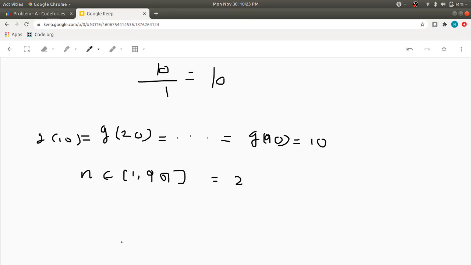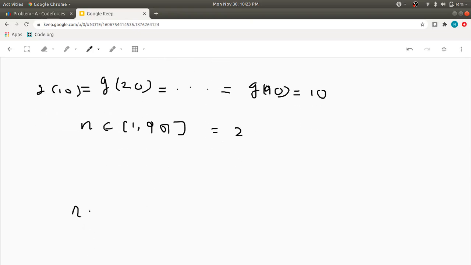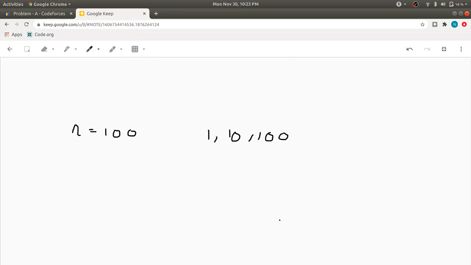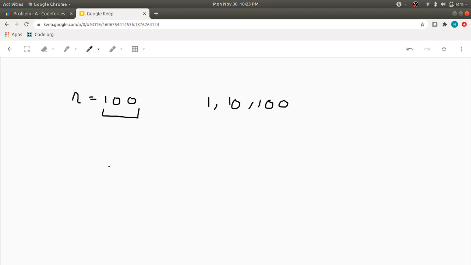Why? Because we are going to get 1, 10, and 100. These are the 3 different outputs. So for a 3-digit input we get answer 3. So definitely, if our input has x digits, then we get answer x.